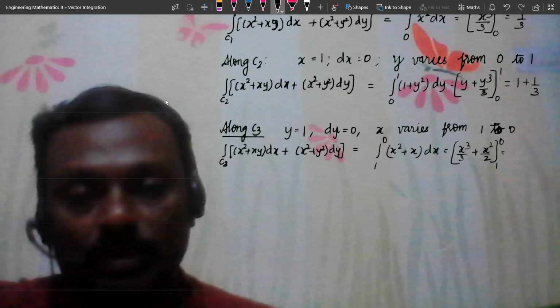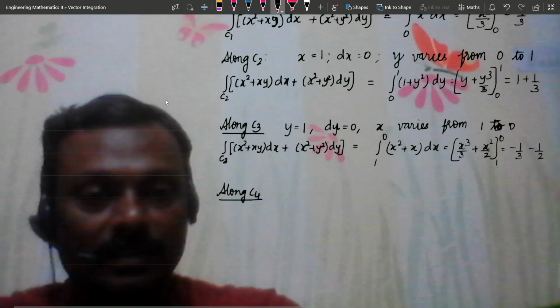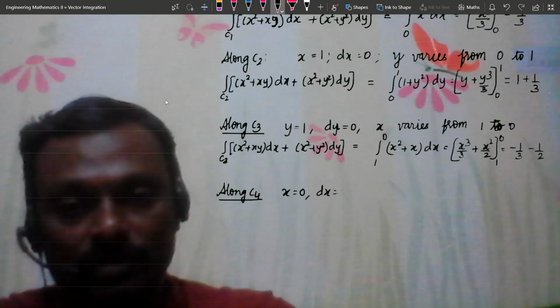Now along C4, that is from C to O. The coordinates of C are (0, 1) and of O are (0, 0). That means x remains at 0. There is no change in x. Therefore x is equal to 0 and hence dx equals 0. From the coordinates we see that y varies from 1 to 0.